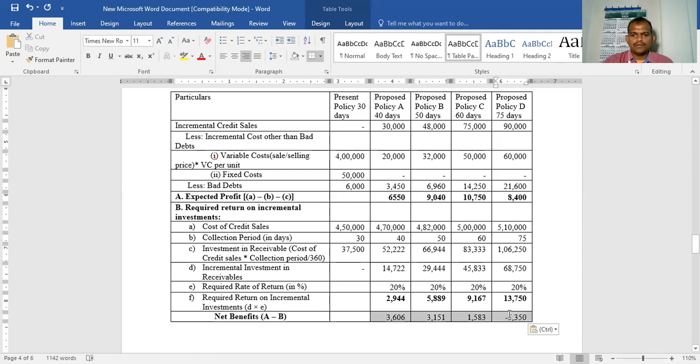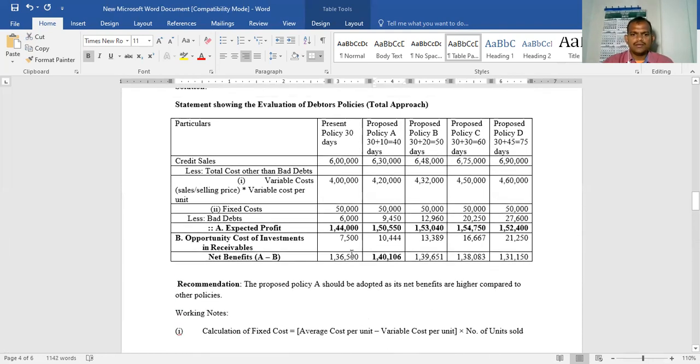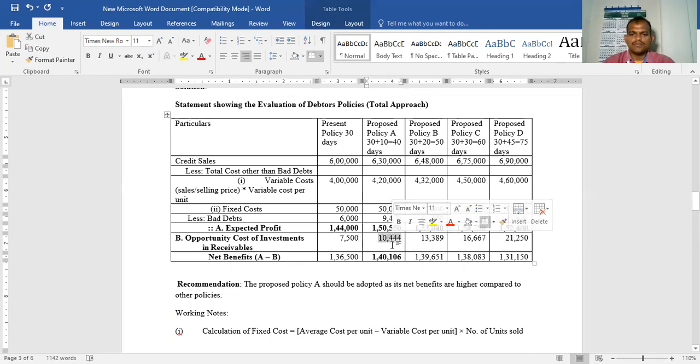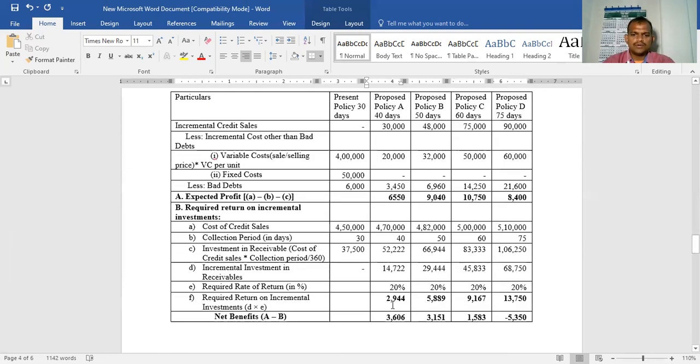Okay. See, instead of calculating this, we can simply mention the incremental opportunity cost. So how much is increased when compared to the present policy? So here in this case, 2,944, the difference between 10,444 and 7,500, that is 2,944. Same amount, here it is.